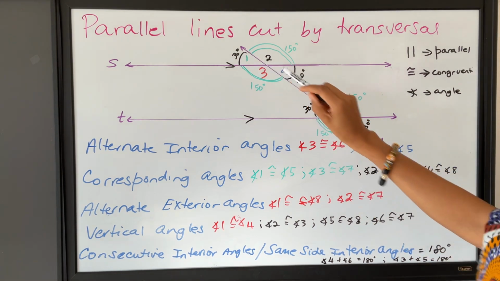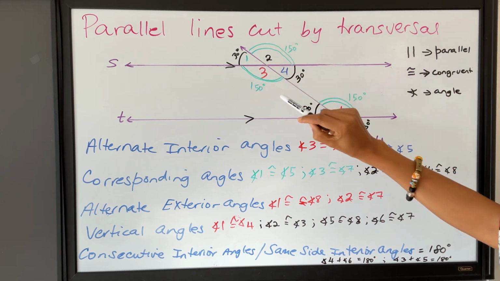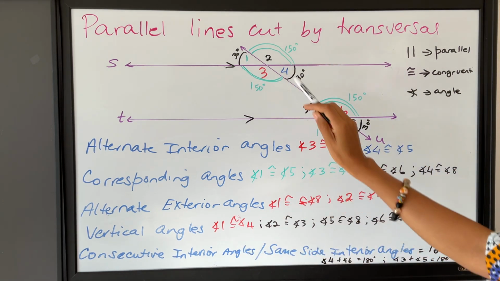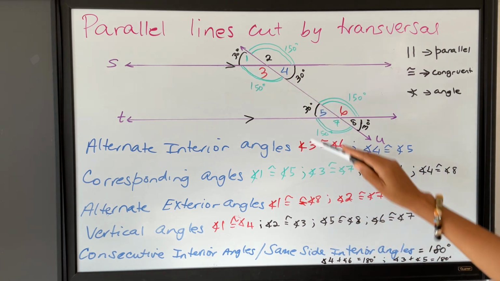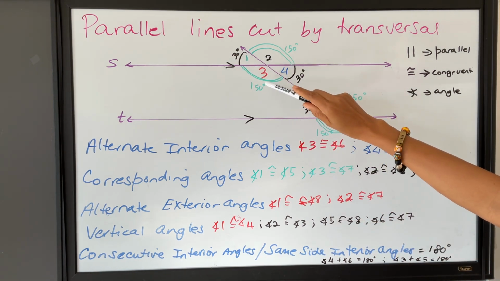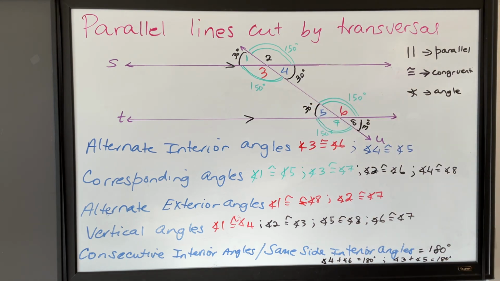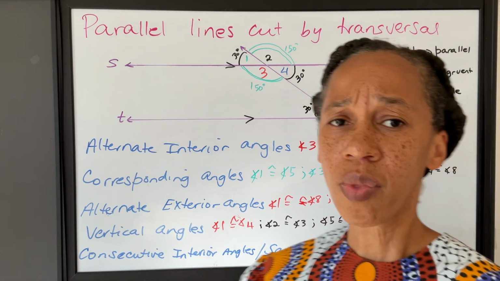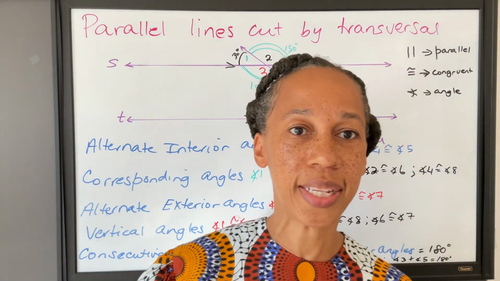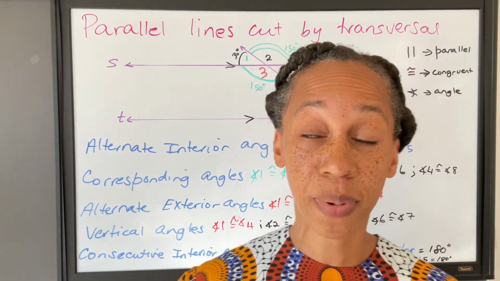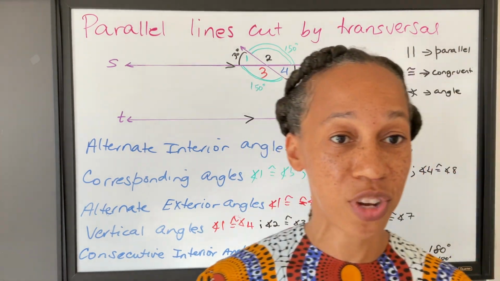Same thing applies for this upper section, angle 1 and 4, as we have stated here, they're both 30 degrees, and angle 2 and angle 3, they're both equal to 150 degrees, they're congruent angles. So basically what I've just done is explain the angles that are formed from parallel lines cut by a transversal.